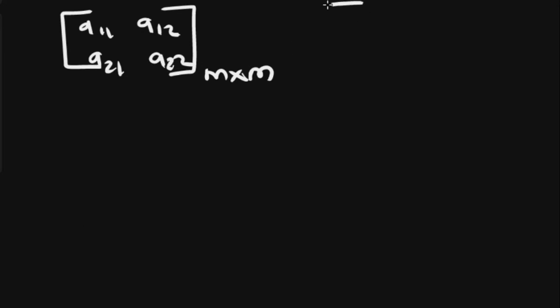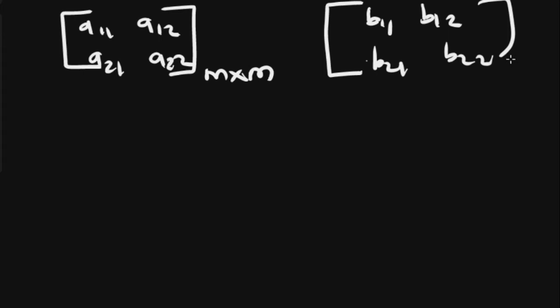Then we have a same size matrix, let's say b11, b12, b21, b22. This is also an m cross m matrix. If we have these two matrices and we have to perform addition, we take the same elements from this as well as this, and we add.